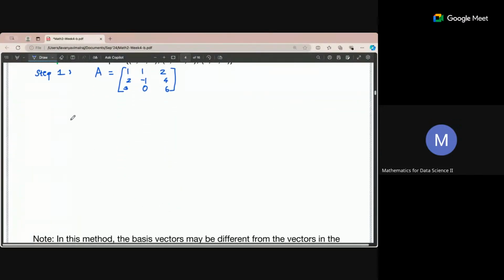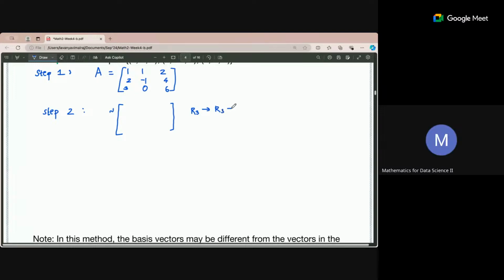Now we apply row reduction and convert it into row echelon form. What operation can we do? For row 3, replace row 3 with row 3 minus 3 times row 1.